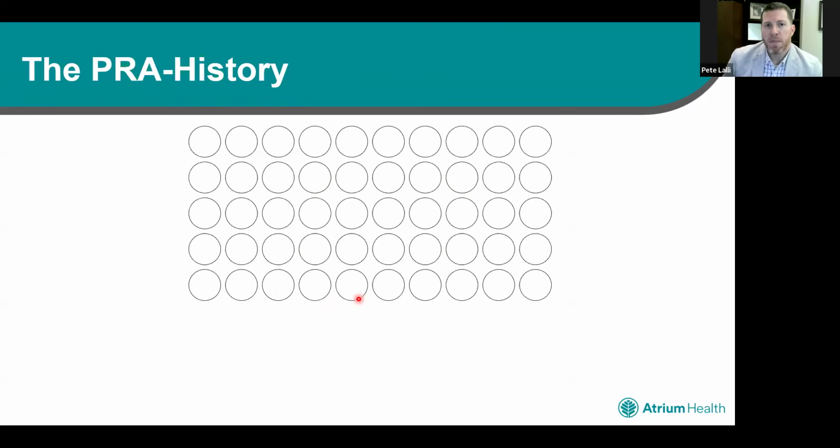So at that point, we developed an assay called the PRA. And the PRA was a test that allowed us to look at how likely it was for our patient to have antibody against a specific donor. So what we were able to do here in a screening type way was to take a whole bunch of, we'll say, mock donors. These are volunteers that we have in the laboratory, in the clinic, and we were able to draw cells on them and put different cells in each one of these wells on a tray.